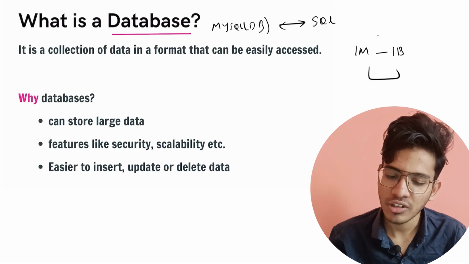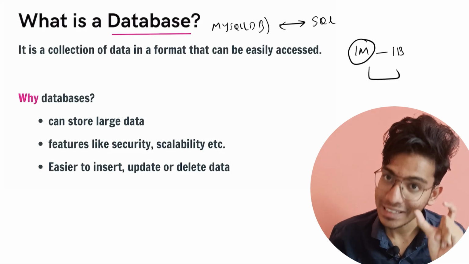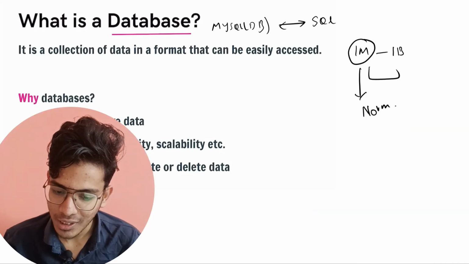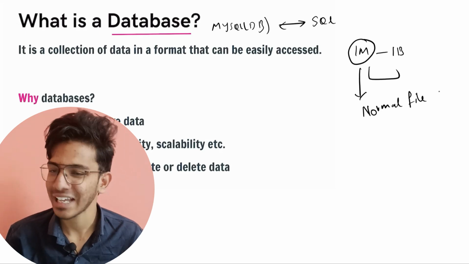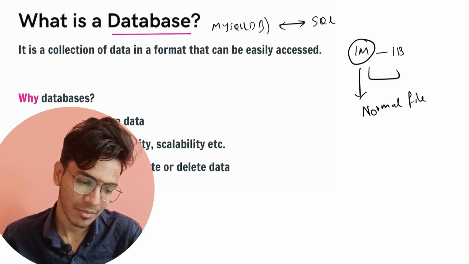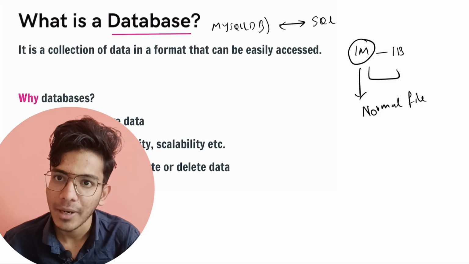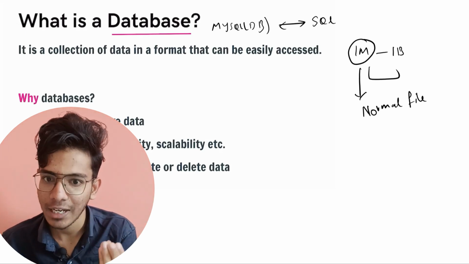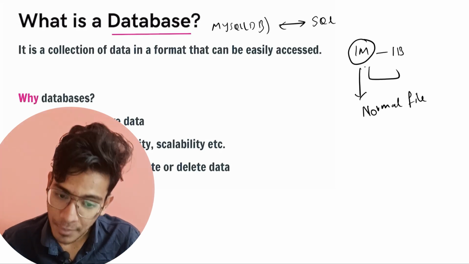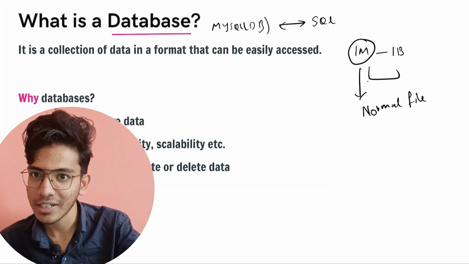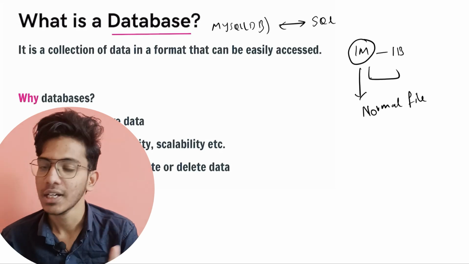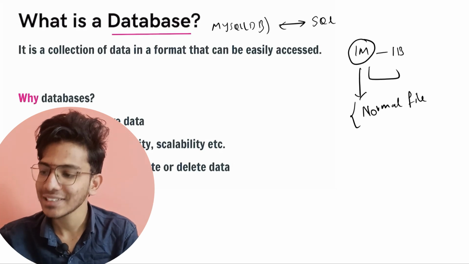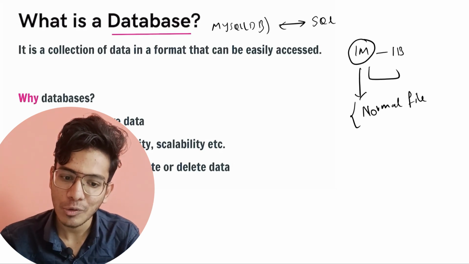Just imagine storing the data of a million customers in normal files. That file can be a JSON file, a text file, whatever it might be. If I am storing the data of my customers in file format, and among this million users I want to retrieve the data of one user, then we have to perform a lot of operations, and it is not an efficient way to store data.